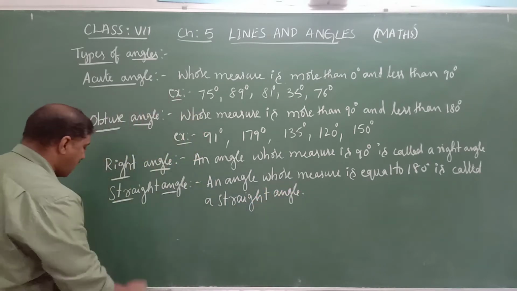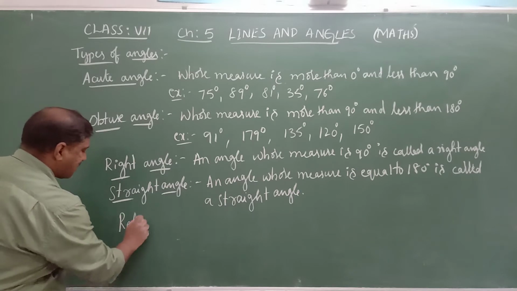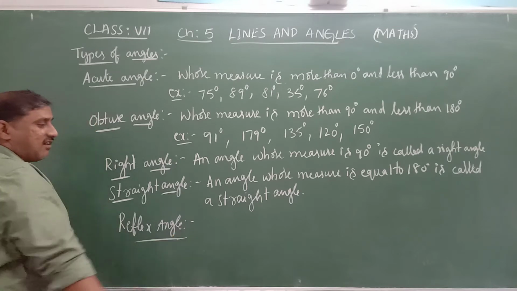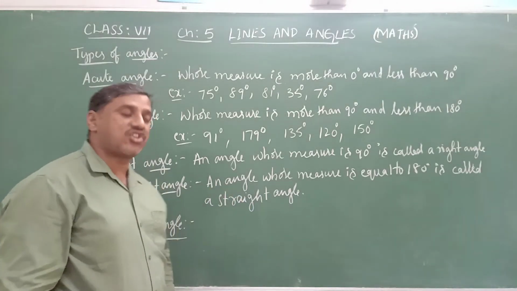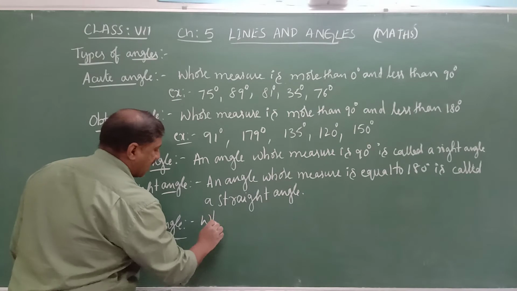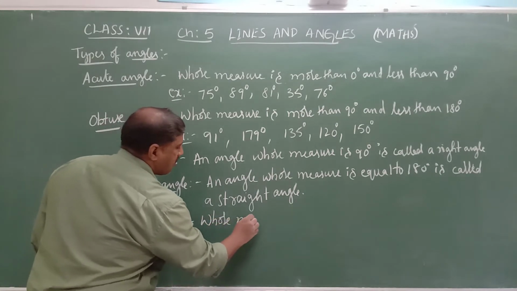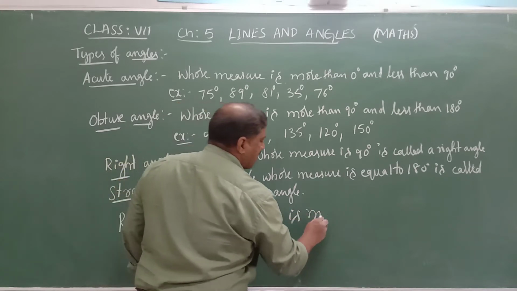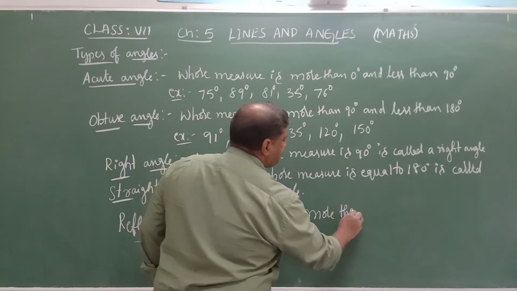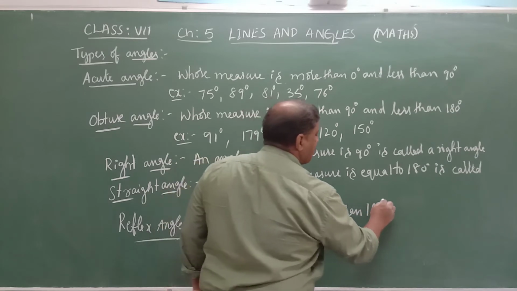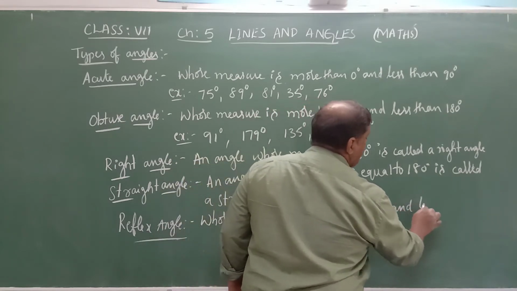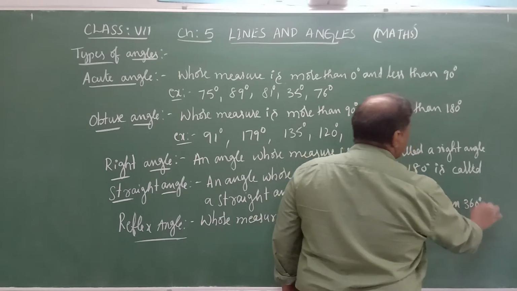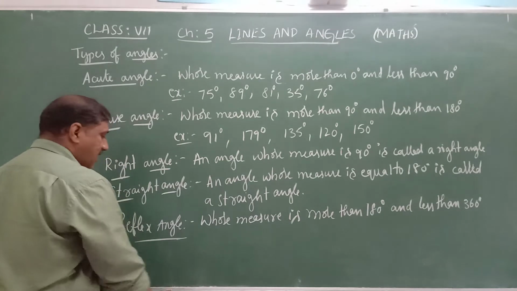Now what is the other one? It is the reflex angle. What is a reflex angle? An angle whose measure is more than 180 degrees and less than 360 degrees is called a reflex angle.